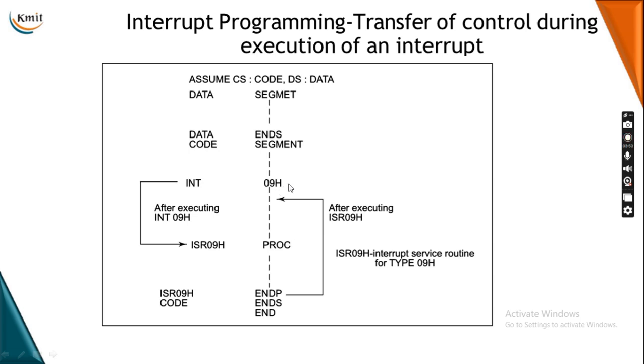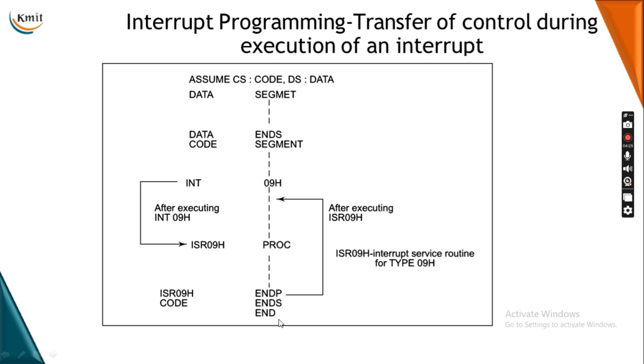It executes this instruction, goes to the interrupt service routine, which is 09H, and finishes this interrupt service routine. If you have IRET, then it comes back to the code, and after completing the execution, it ends. So this is how your interrupt programming will be.